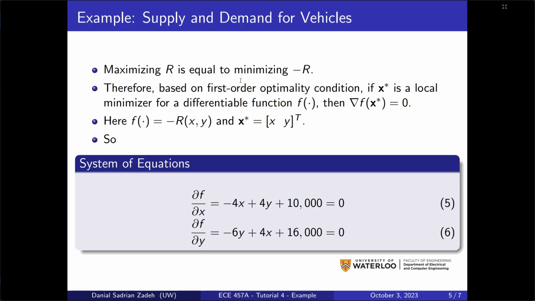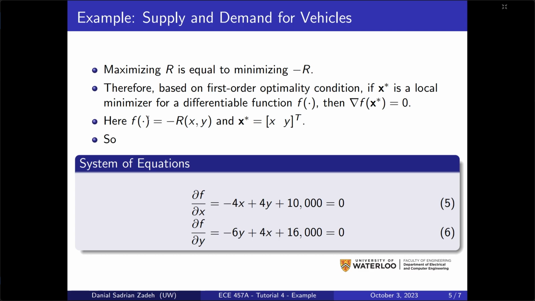So after that, we can use the first order optimality condition and find X and Y that minimize negative R, or maximize R, the revenue value. If X star is a local minimizer for a differentiable function, then the gradient of this function at this point is equal to 0.